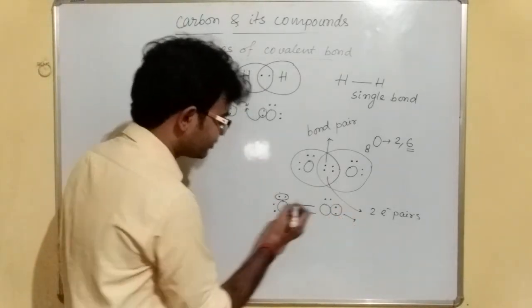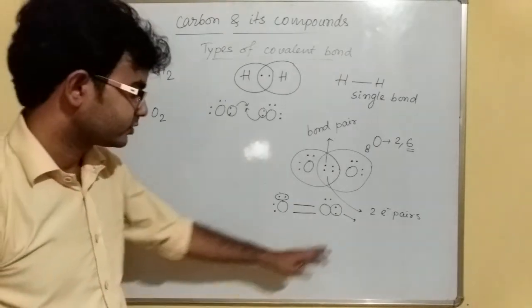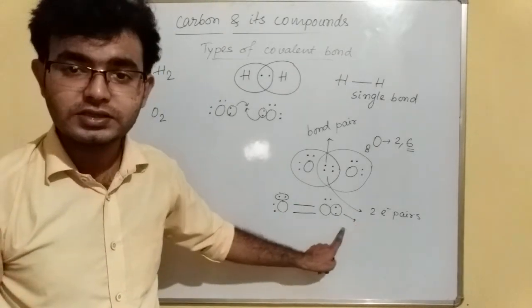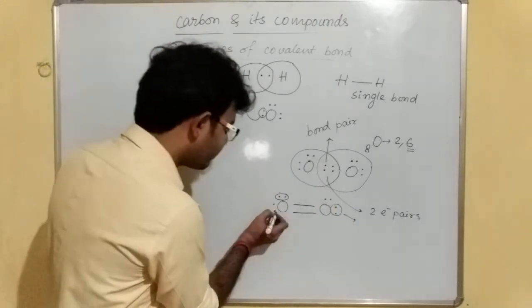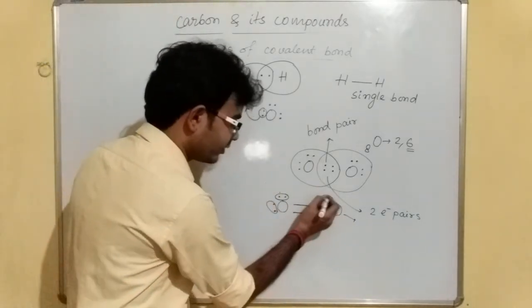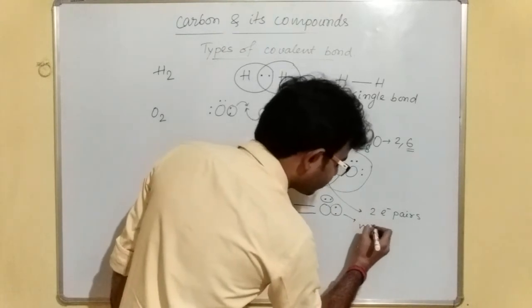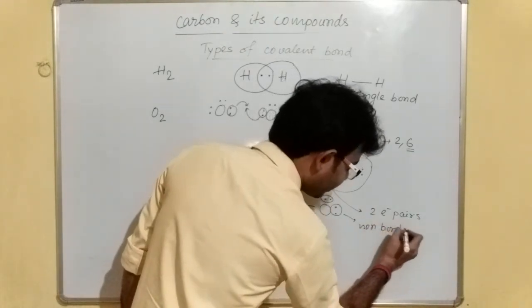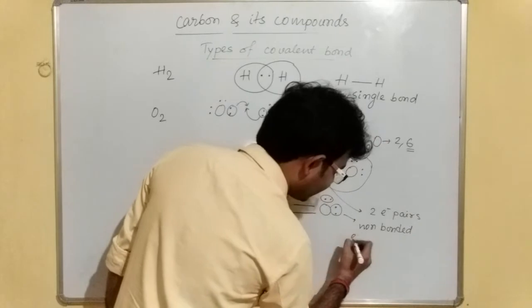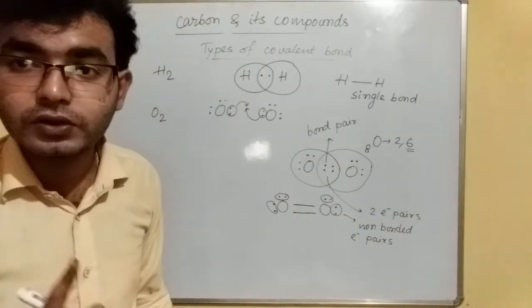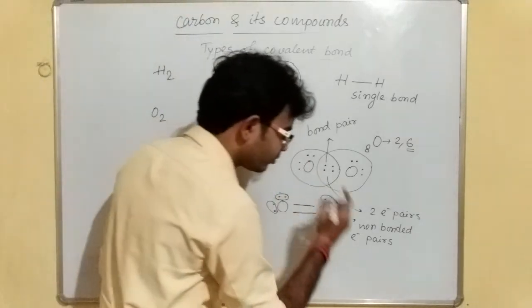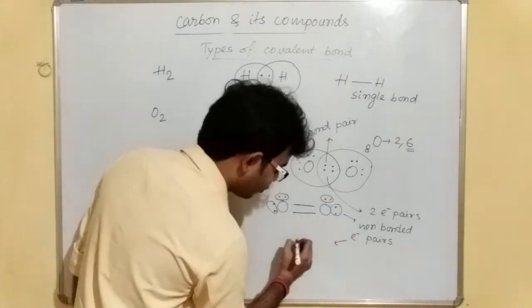I am writing here. This portion is not visible. Okay, so I am writing here. These electron pairs which are not participating in bonding, we can say these are the non-bonded electron pairs, and these non-bonded electron pairs are called lone pairs.